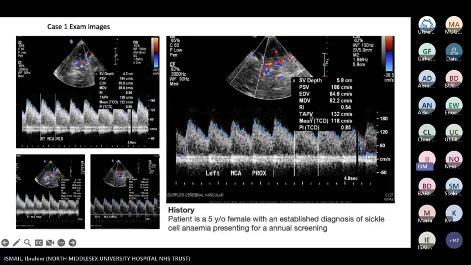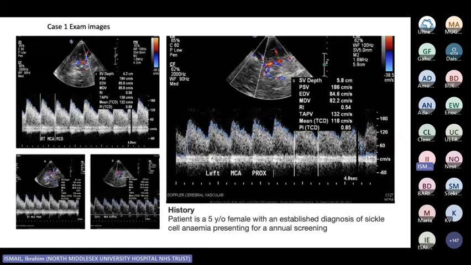Like I said, I have to emphasize enough: we are looking at the time average mean here. That's the parameter we will always look for, because that is the parameter that was used in the STOP trial, and it provided a significant benefit for all the pediatric patients that have had annual screening.